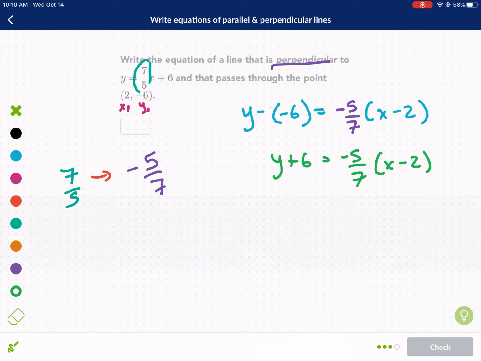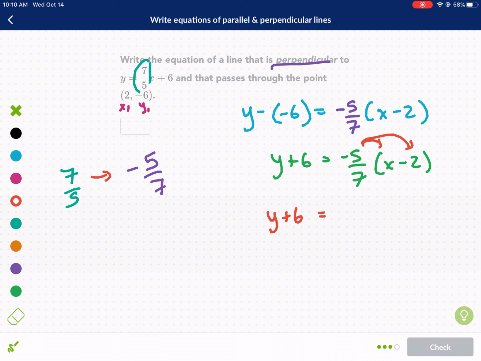Okay, I'm going to distribute here. This is going to be kind of annoying. I'm just double checking my answers to make sure: x minus 2, y plus 6, negative 5 over 7. Yeah, this is just a tough one that we're going to have to do. We're going to have to add fractions, which I'm guessing you guys are going to like. But I mean, it's the truth of the matter.